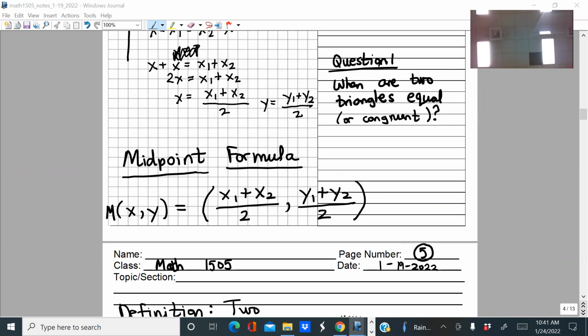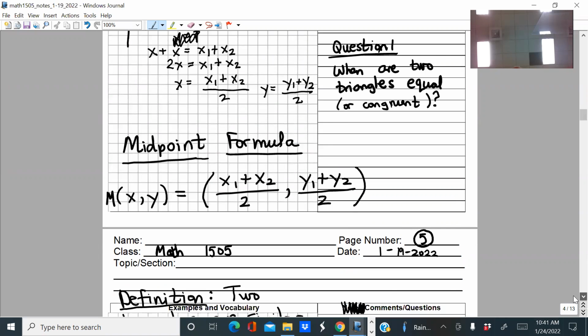So identical means they have to have the same angles, right? Because these are triangles, so they're going to have three angles, but they also have to have the same side lengths, right? So same angles and same lengths of sides, okay? And obviously, if you have two triangles that have the same angles and same side lengths, then they're identical, right? Okay, they're equal to each other. And so the formal term for equal triangles like that is congruent, okay?